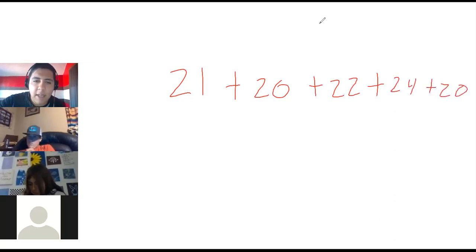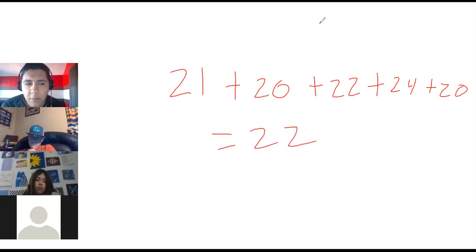I don't know what this mean is, but let's say the average is 22 again. Do you think this is a little more reliable? Yeah, this is a little more reliable. Why? Because the numbers are closer together.